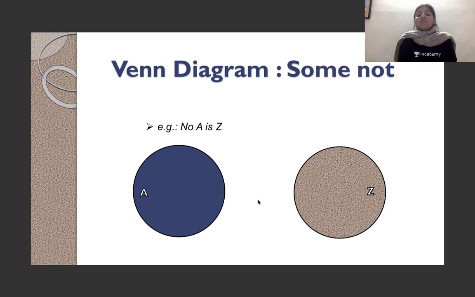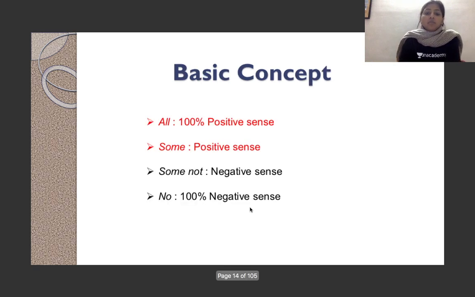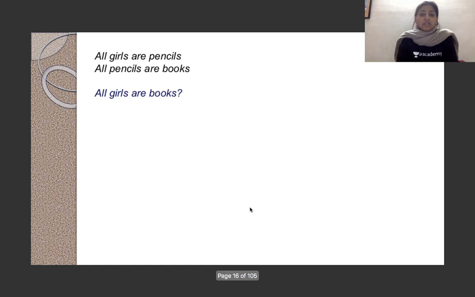So it's better that if it is a no relation, you understand that the word no here does not signify that there is no relation between A and Z. Rather, it signifies that there is a 100% negative relation between A and Z. So it's better to denote it like this instead of this, which indicates that there is no relation between A and Z. Okay. So we'll now see some examples.